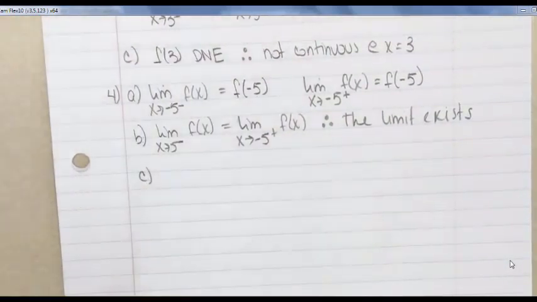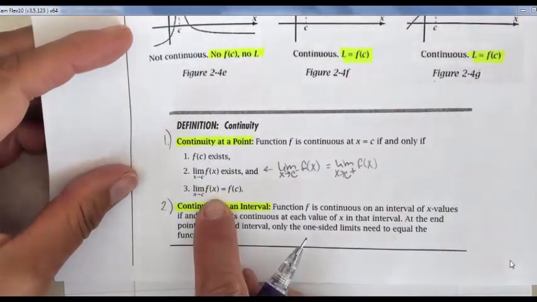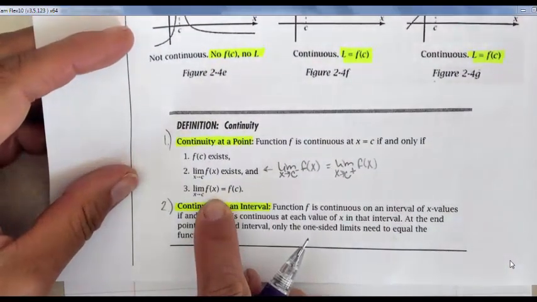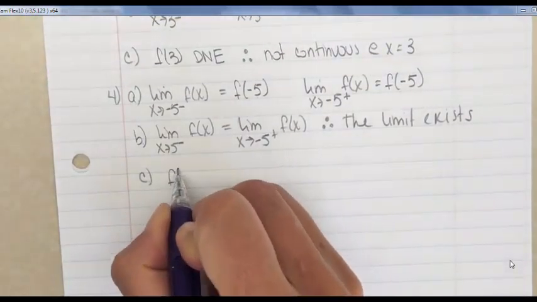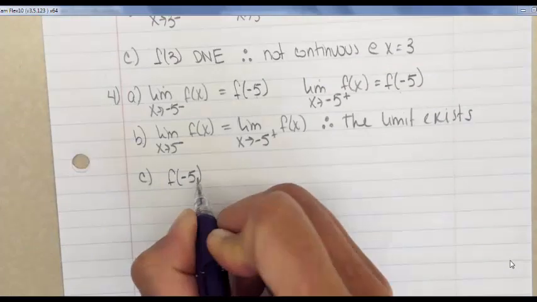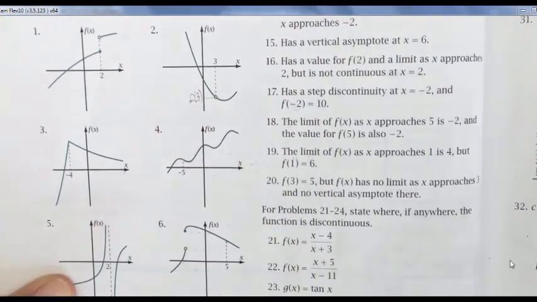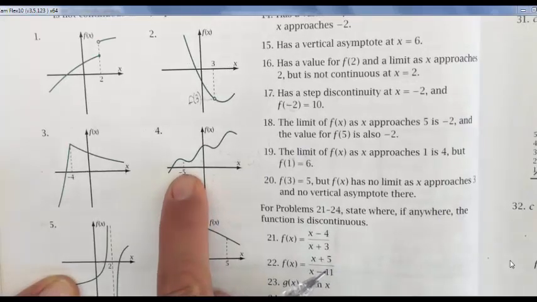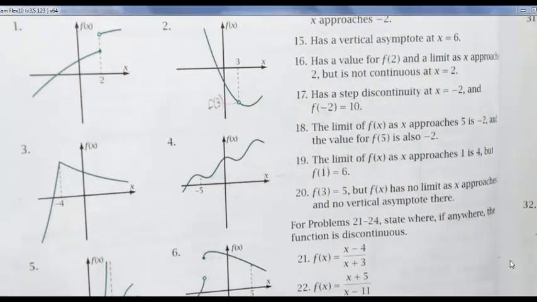And then the last one, is it continuous at the marked value of x? Once again, we're going to have to go through these 3 checkpoints. So let's check for f of c. Well, f of negative 5 appears to be the exact same thing.